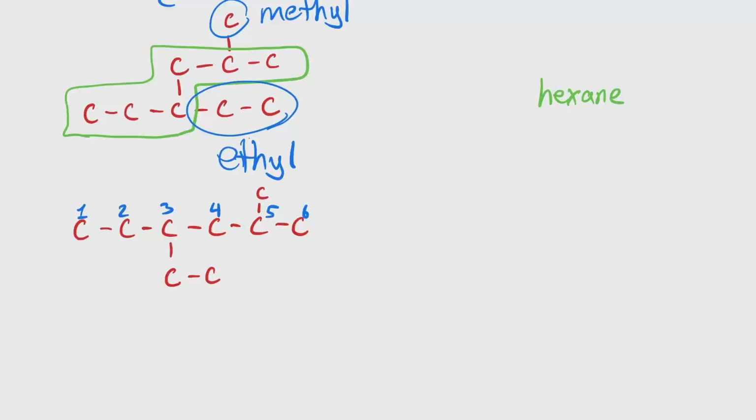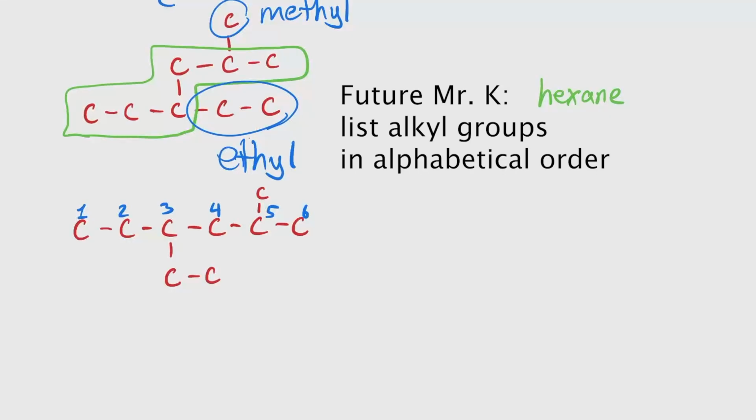I don't actually remember which we label first. Let's assume that we put the methyl first. So what's the number of carbon that the methyl is on? 5. So it's going to be 5-methyl. And then what's our other group? It's the ethyl, and it's on the third spot, so 3-ethyl. And the base is hexane. So this is one possible option.